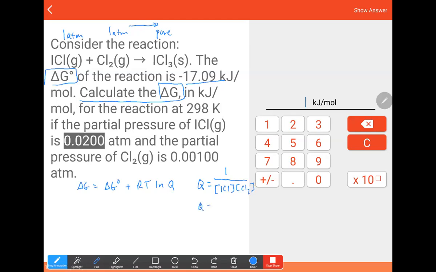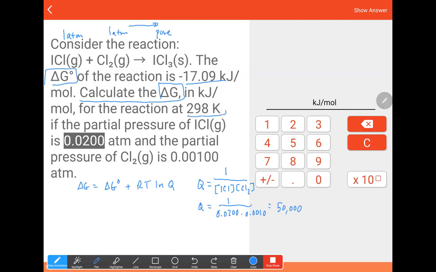So in this case, we are given ICl is 0.02 and Cl2 is 0.001. So Q is equal to 1 divided by 0.02 times 0.001. So 50,000.